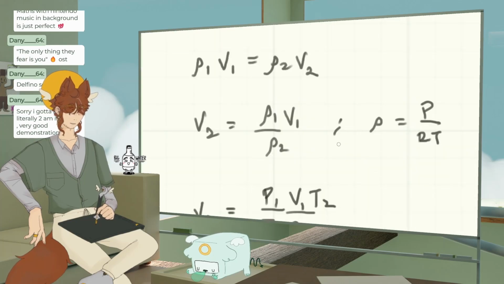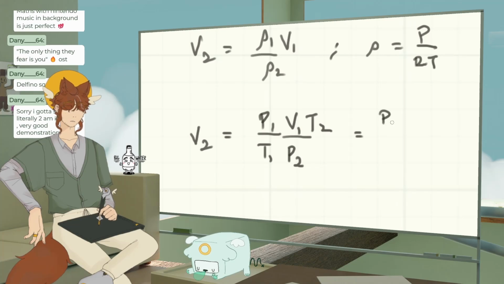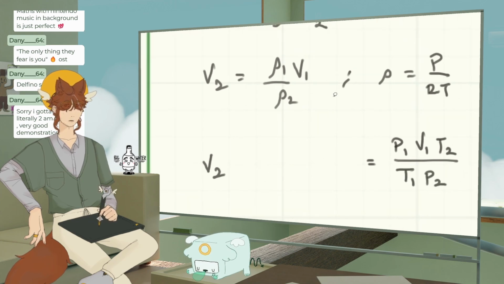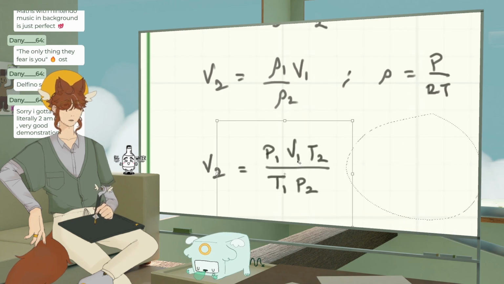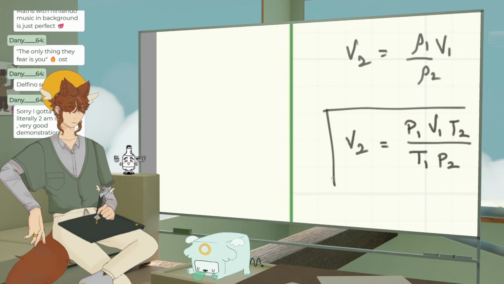I don't like the way I wrote that. Let me write that a little better. V2 equals P1 V1 T2 over P2 T1. Look at that, so clean, so nice. I love it when things are clean and nice. Okay, so that wasn't actually too painful. I thought it was going to be more painful. That's kind of cool.